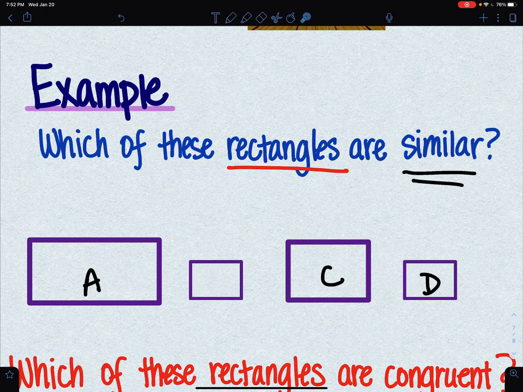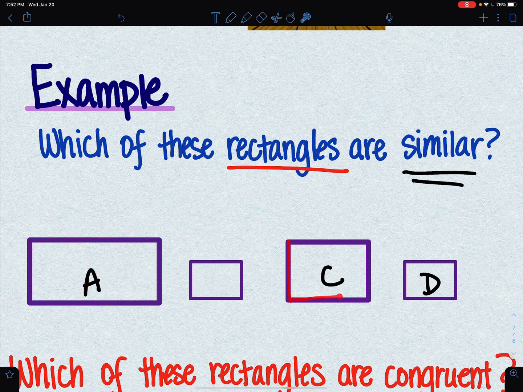Because if I look at this length and this length, it kind of looks like the same proportions as this length and this length. But if I look at A, this length might be okay, but this one's way too long. It would have to stop like right there if it was similar. But I don't think A is similar to anything.